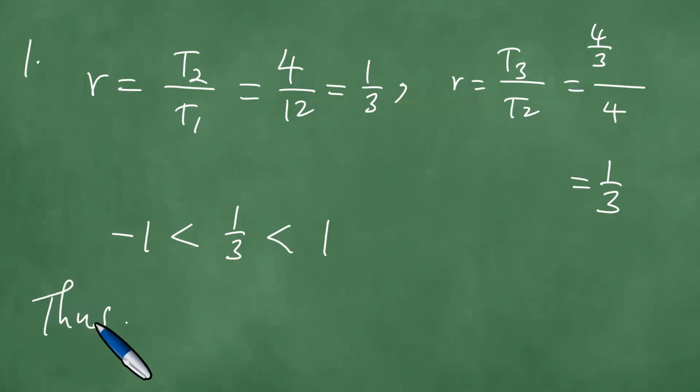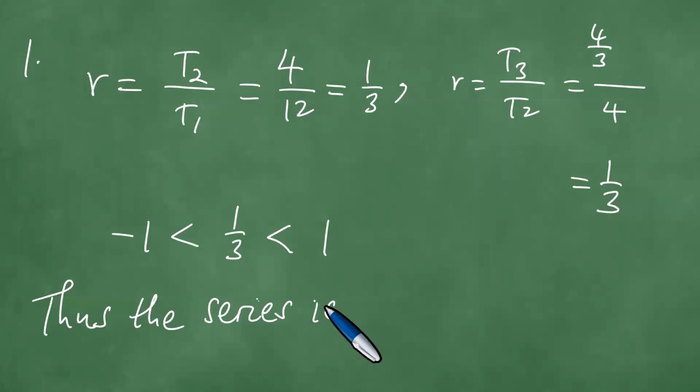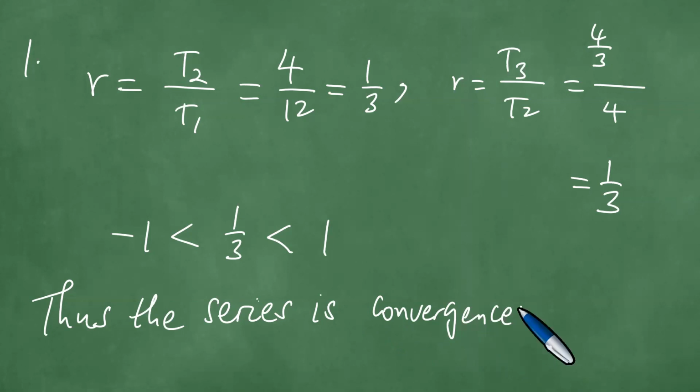Thus, the series is convergent. Therefore, the series is what? Is convergent. How do we see that? Because minus 1 is less than 1/3, which is less than 1. Okay, so it's convergent because of this.